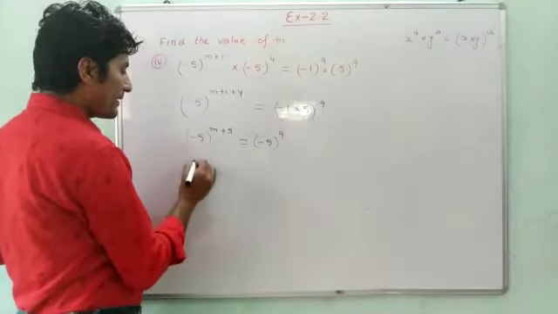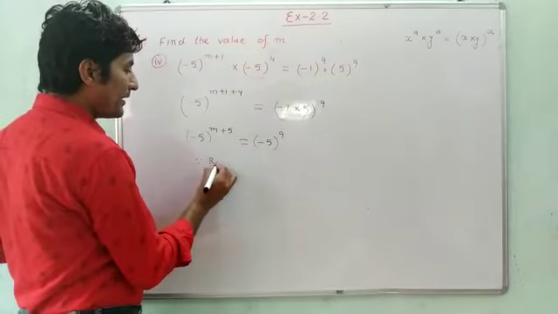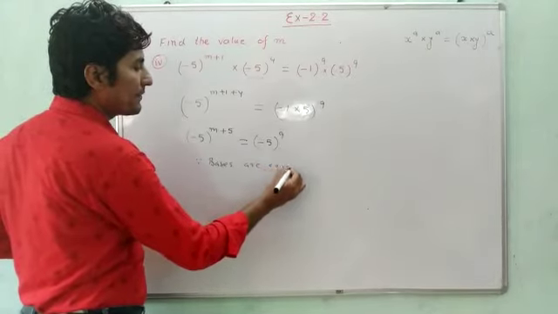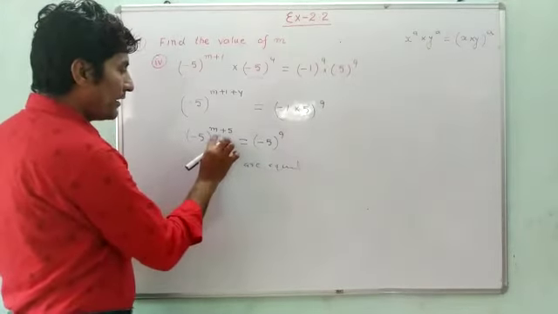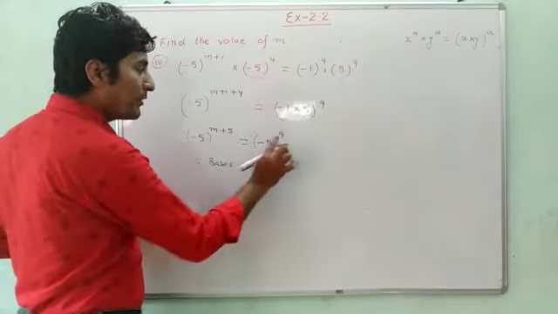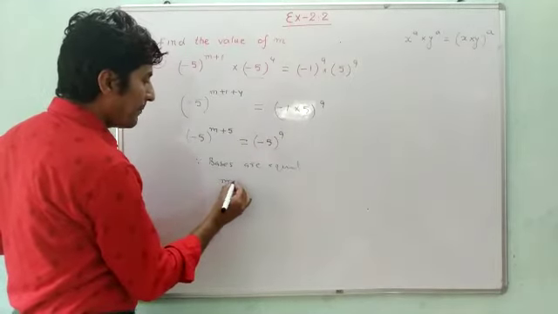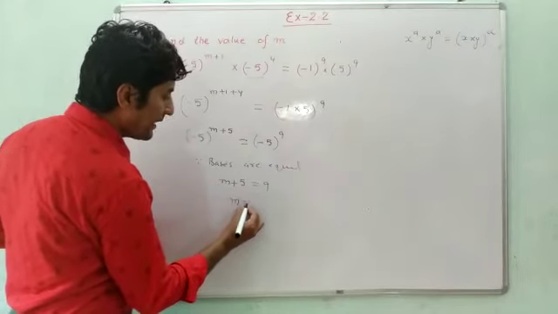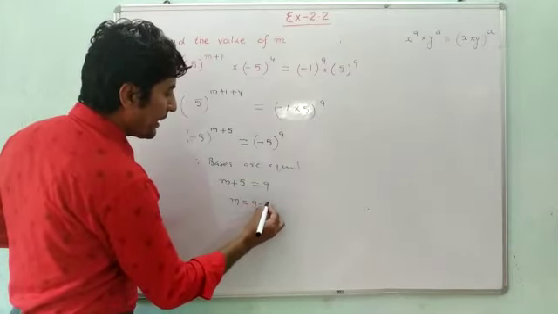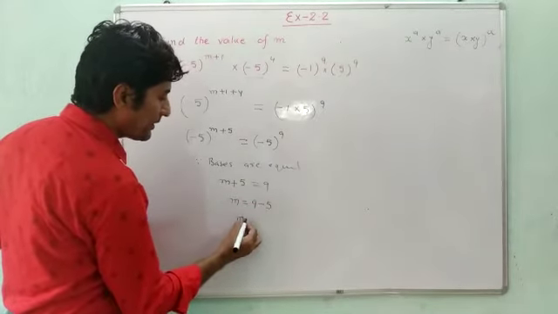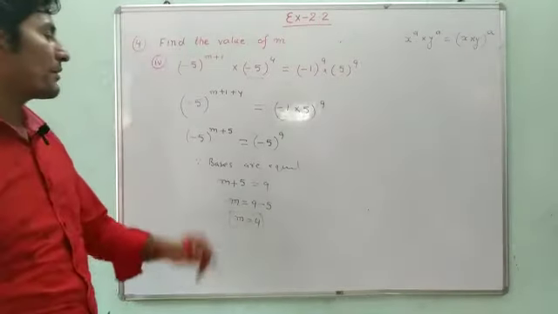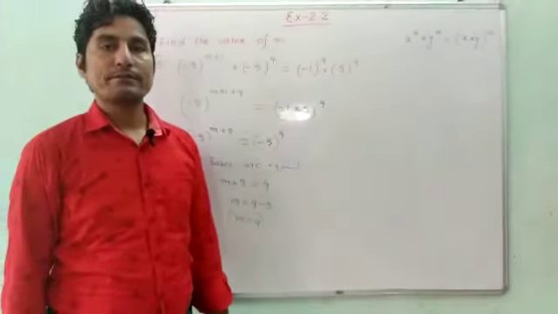Since bases are equal, hence we can say exponents will also be equal. Means m plus 5 is equal to 9, and finally we can say m equals 9 minus 5, or m is equal to 4. So the final value of m is equal to 4.